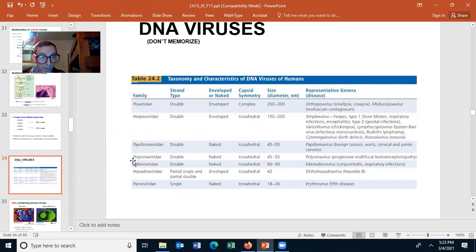They cause human colds and a few other things. And I think that's about it. Anyways, there are 7 families of DNA viruses that cause human diseases. And these are the diseases over here. You do not need to memorize this table. I'm just showing you that there are 7 families of DNA viruses that cause human diseases.